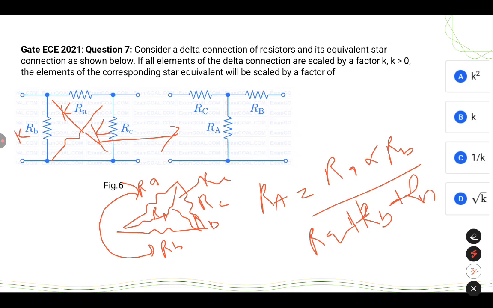Any issue? Okay, no issue. Now put the value of all resistors with k. So the upper one will be k squared and the lower will be 3k.